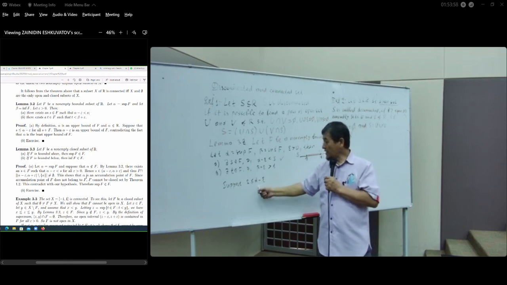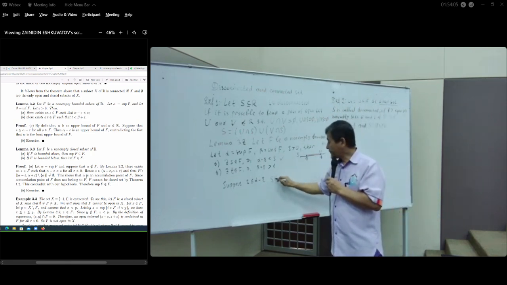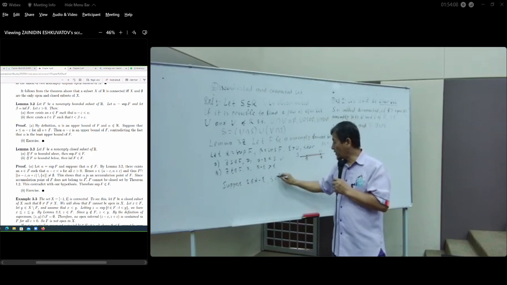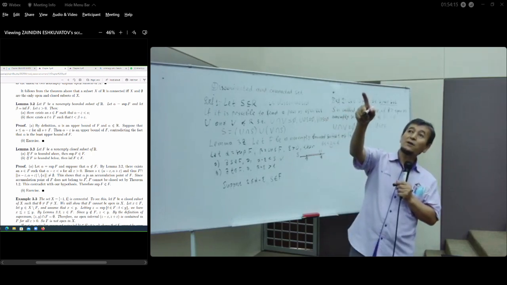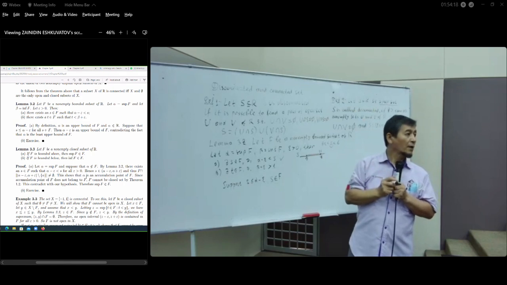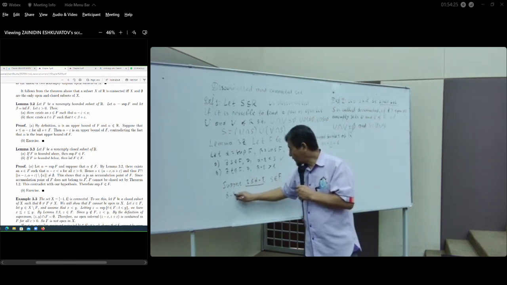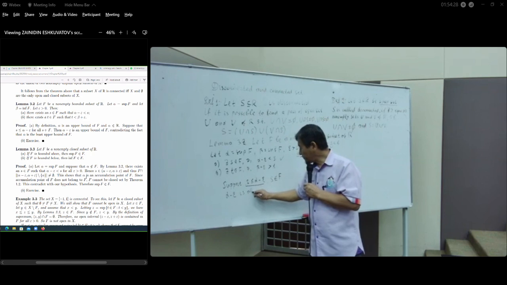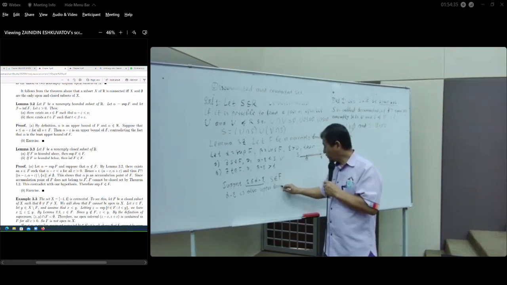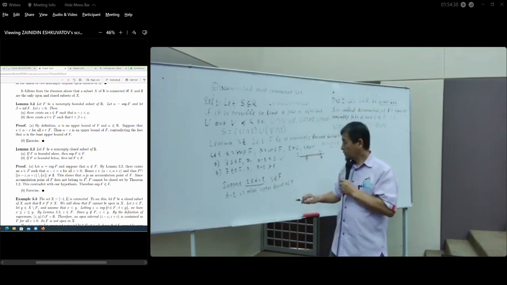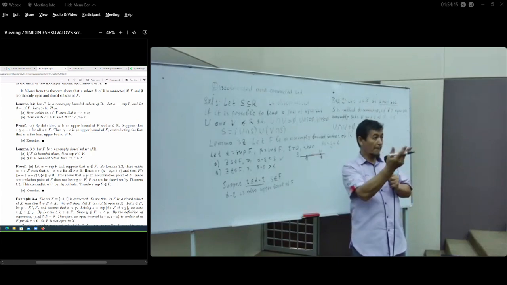So S is less than alpha minus epsilon, and S is from F, an element of F. Then alpha minus epsilon is also an upper bound of F. You see, alpha is an upper bound, and alpha minus epsilon is also an upper bound, so we have two upper bounds.